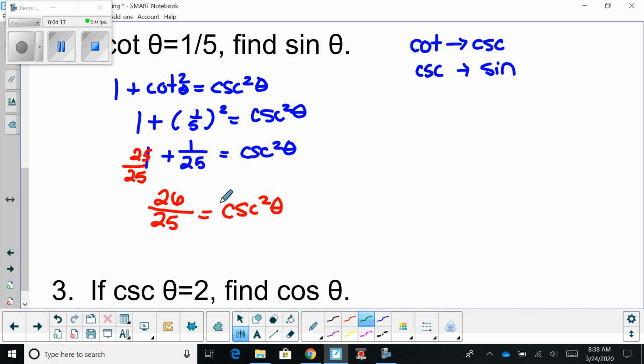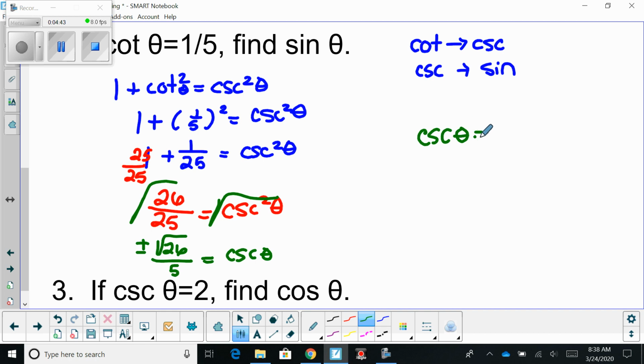Since I want just the cosecant, I'm going to take the square root. So that'll give me plus or minus radical 26 all over 5 equals the cosecant. Square root of 26 won't simplify at all, so it's going to stay under a radical. And then square root of 25 is 5. So now if the cosecant is equal to plus or minus radical 26 over 5, my sine is going to be 1 over the cosecant.